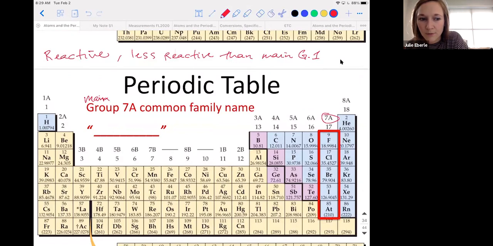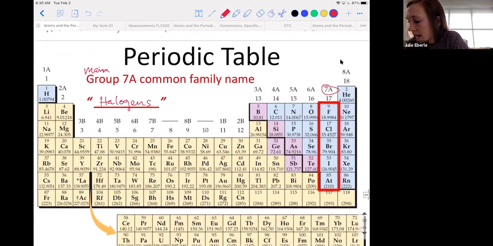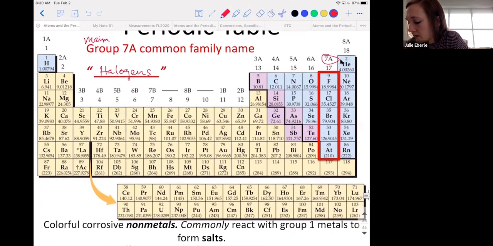Anybody heard of these before? Bet some of you have. Surely, there we go. Very close, Emily. Grace got it. Halogens, okay? So you have fluorine, chlorine, bromine, iodine are the main halogens that we talk about.